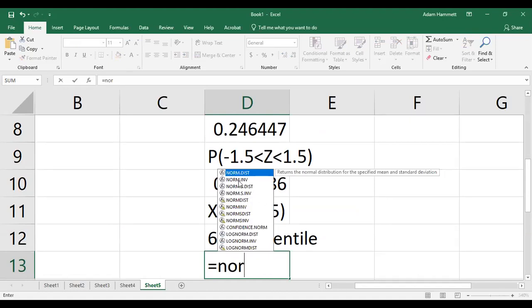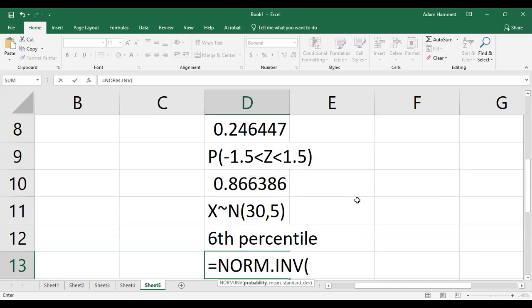I can do the inverse distribution of this. That means it's going to give me the number that corresponds to a particular percentage. So what's the probability I want below this? Well, 0.06. What's the mean? 30. What's the standard deviation? 5.